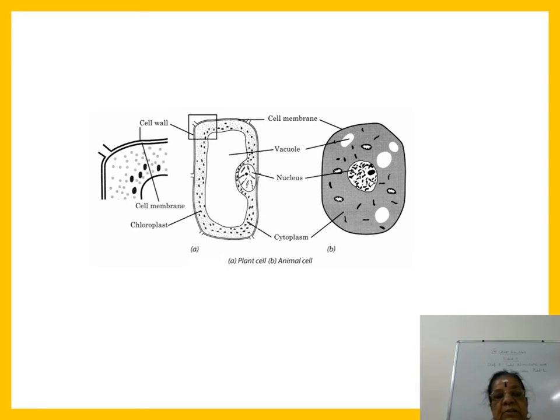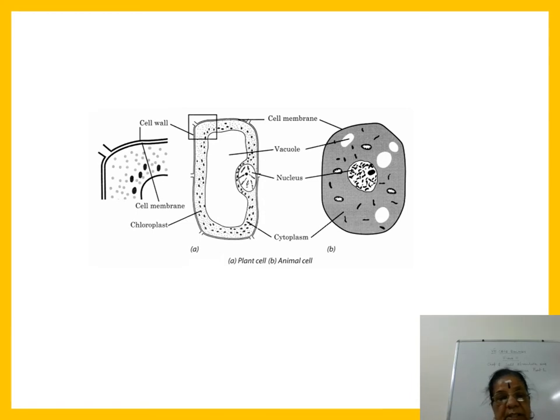Due to the presence of large vacuole in plant cell, the nucleus is pushed to the periphery. Periphery means side. Whereas in animal cell, the nucleus is present, and the chloroplast is the characteristic feature of plant cell. Right?